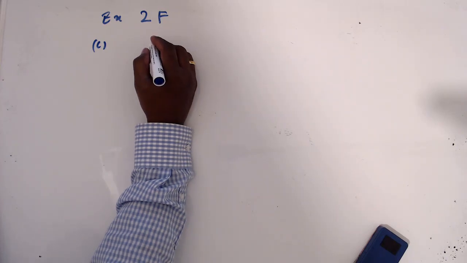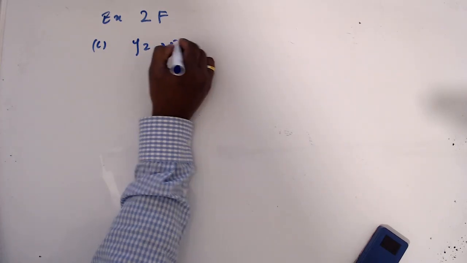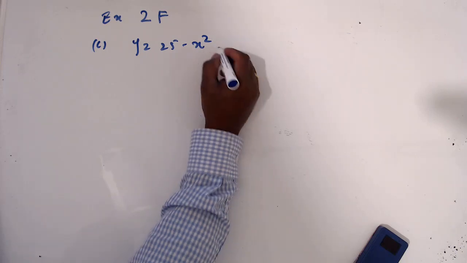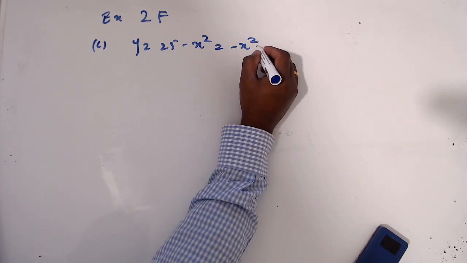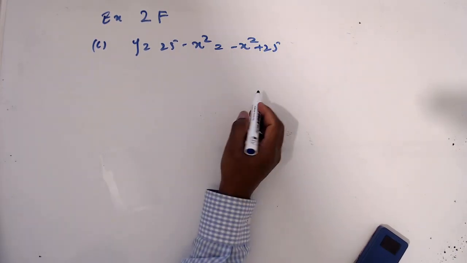Let's do graph 3, that is y equals 25 minus x square, or you can write minus x square plus 25.